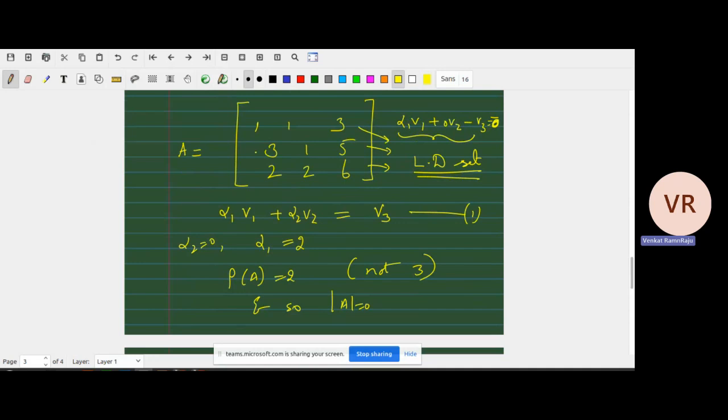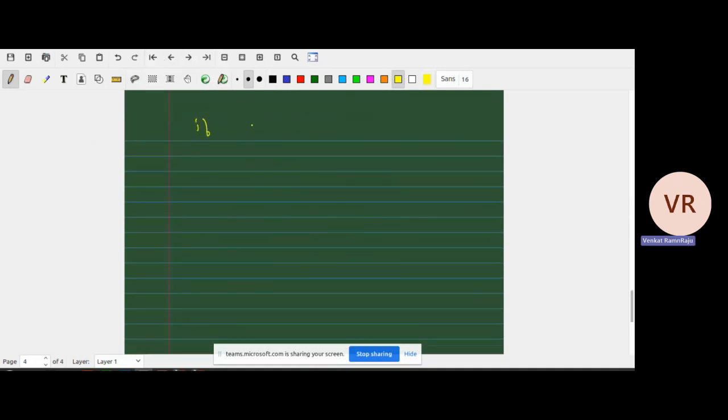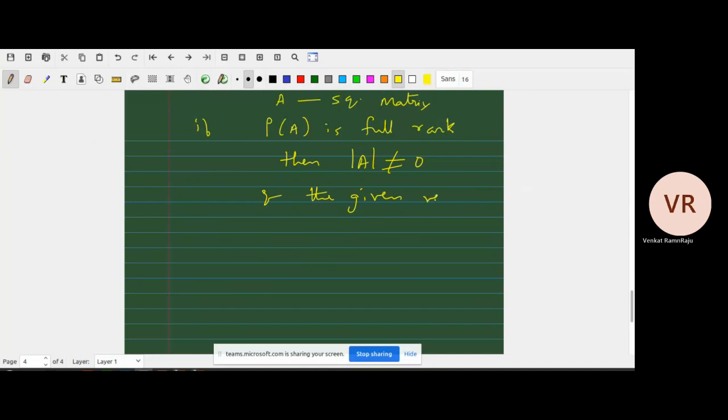Now, one can easily say that if we stack the vectors and say that the rank of A is full rank, in fact, I'm always taking A to be a square matrix, then definitely the determinant is not equal to 0, and the given vectors are linearly independent.